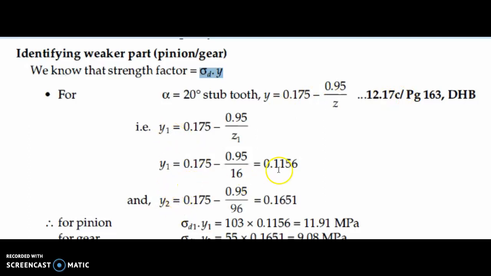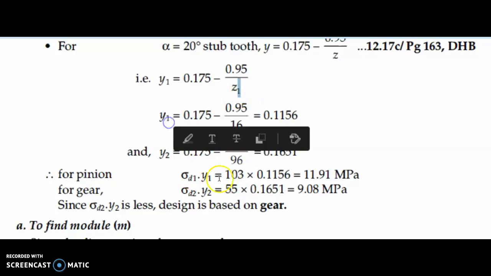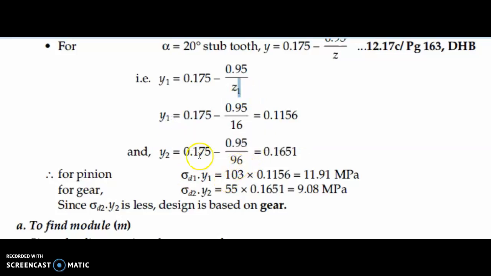We can calculate y1 and we get 0.1156, and similarly we can find y2. The only variable parameter is the number of teeth, so we use Z1 for y1 and Z2 for y2.